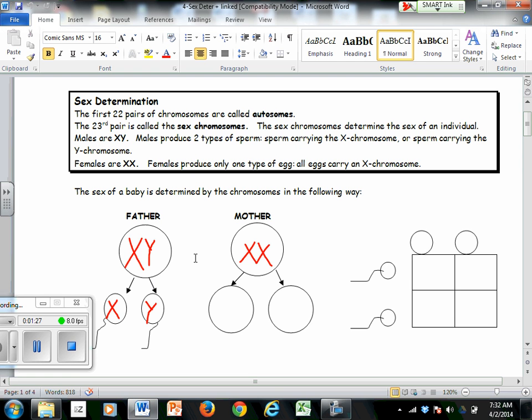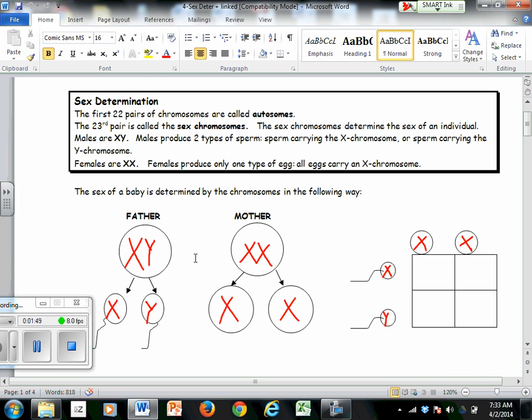And the mother's, it just doesn't matter. She's always going to have an X egg. So when we look at the sex of the baby, we have the father that can donate either an X sperm or Y sperm, and we have the mother that doesn't matter, her eggs are all X. And so we look at who determines the gender of the child, it's going to be, of course, the male.